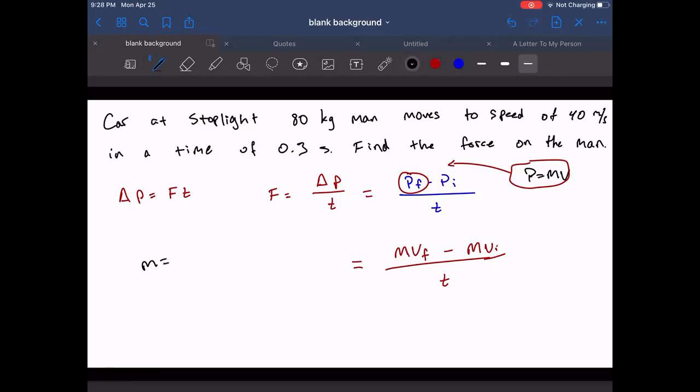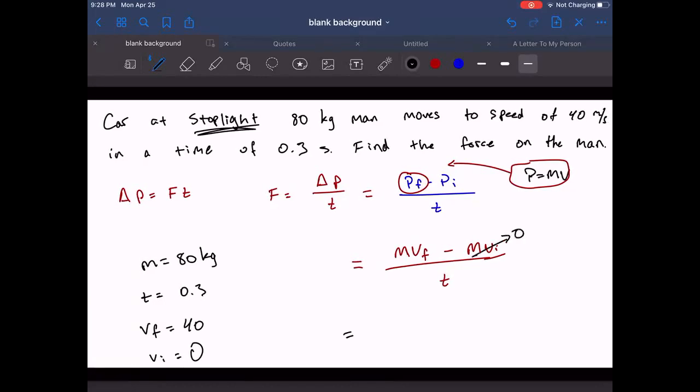We got M, 80 kg for the guy, T 0.3, V final 40, and V initial would be what? So that's the initial. Yes, 0. Yeah, he's just sitting there. He's scrolling Instagram on his phone. He's not moving.